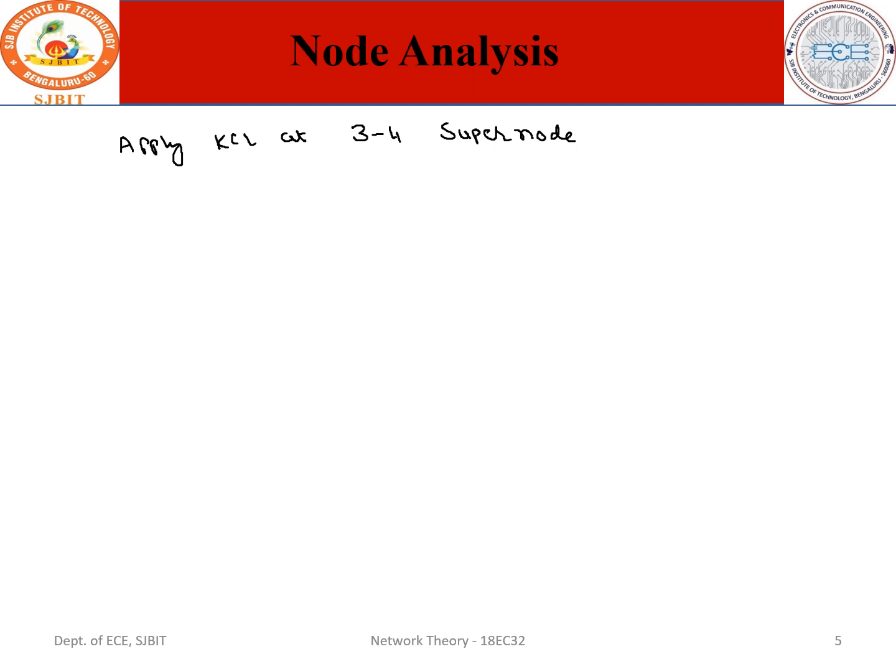When applying the KCL at the super node, we can write it as the current entering the node, therefore this is minus 0.5 Vx plus V3 minus V2 divided by 2 plus V4 by 1 plus V4 minus V1 divided by 2.5 is equal to 0.